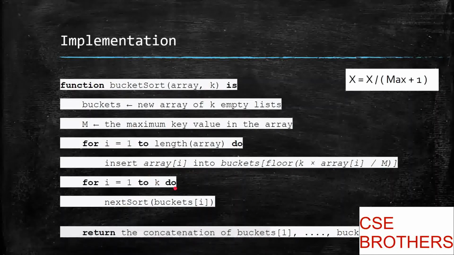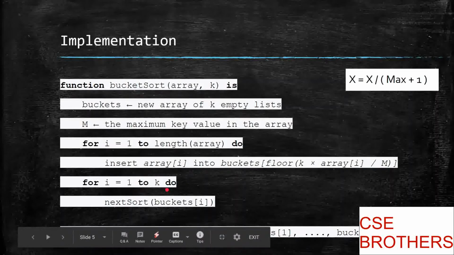Then for bucket number 1 up to bucket number k, we sort each bucket individually, and at the end we return the concatenation of each bucket, from bucket number 1 to bucket number k.